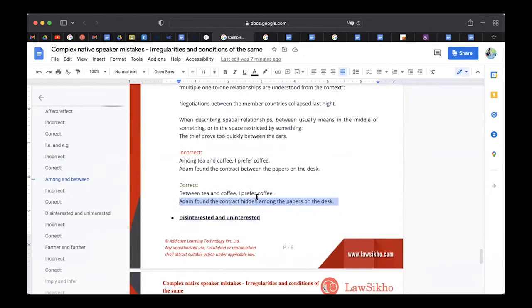What is the difference between disinterested and uninterested? Anyone? Ma'am, disinterested means that it is talking about rights or advantages, things like that.